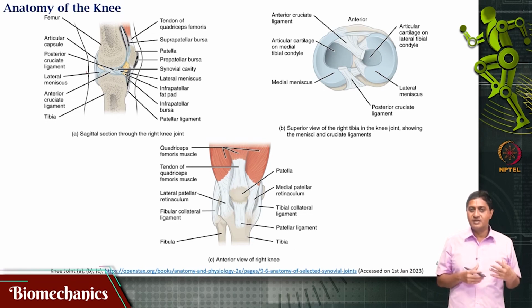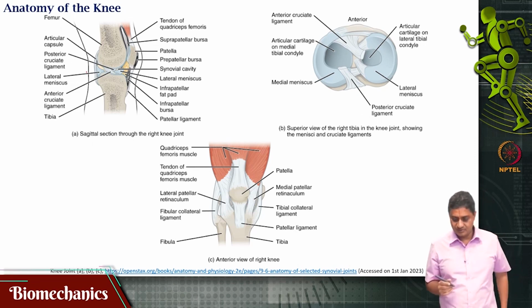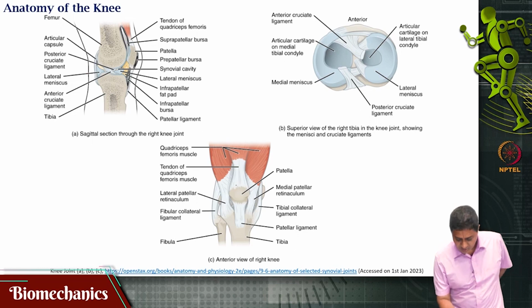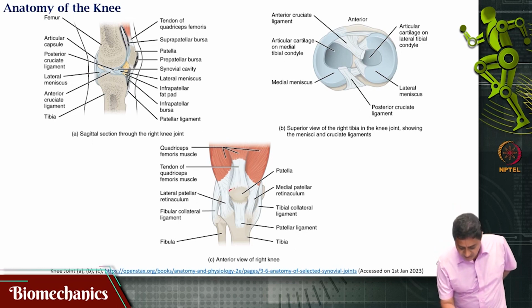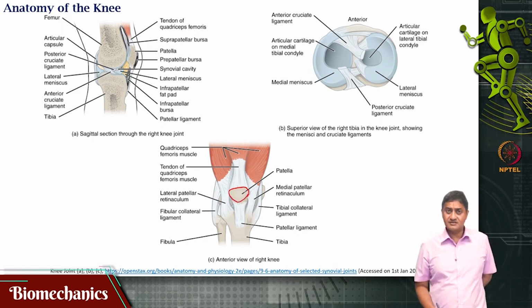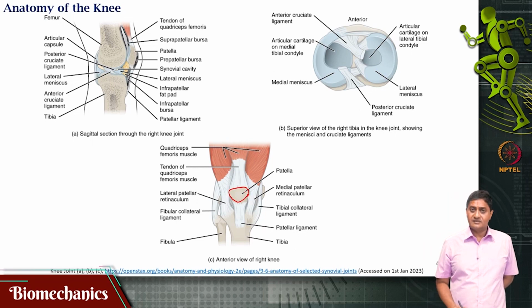This is the bone that is interacting with the patella or the kneecap. So, on the knee you will see this roughly triangular shaped bone. It is called the patella or the kneecap.